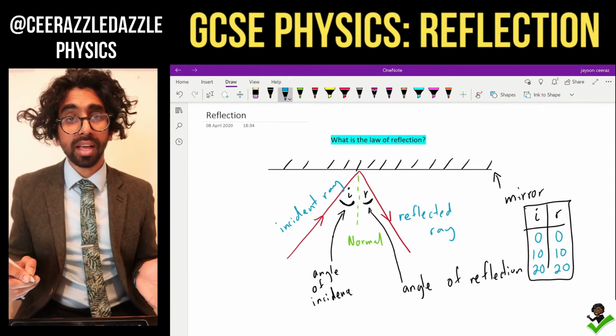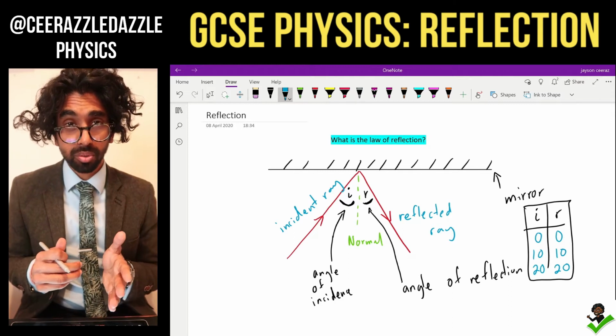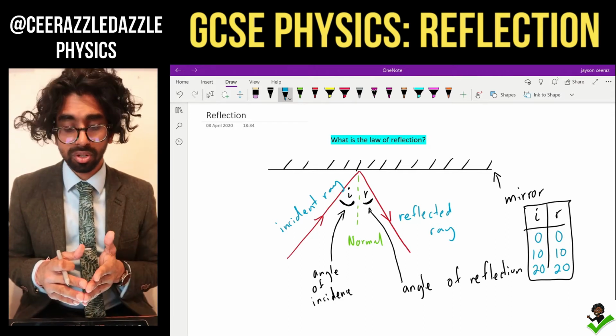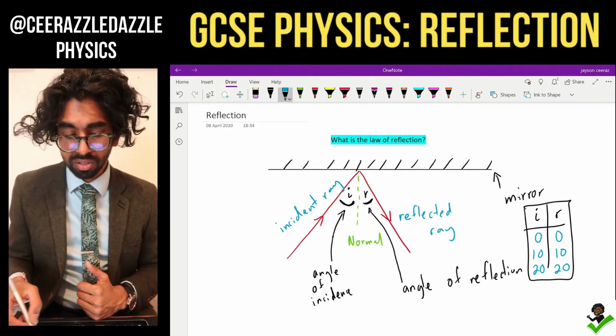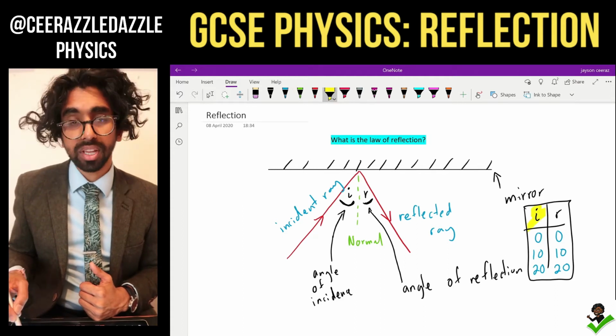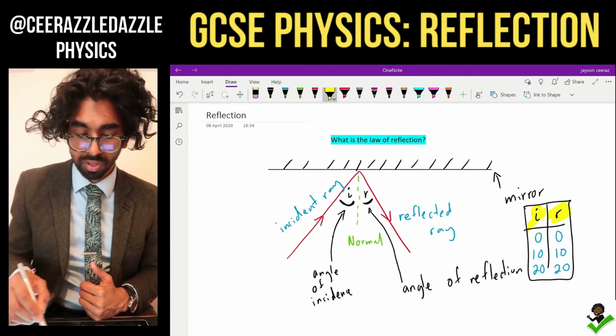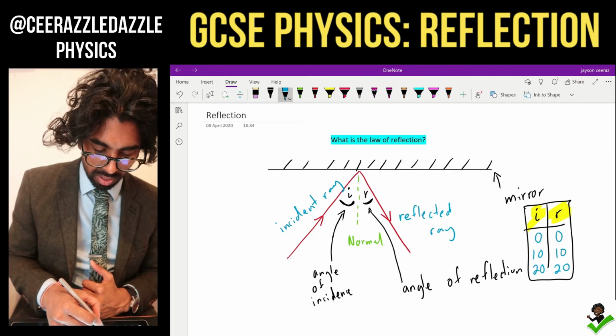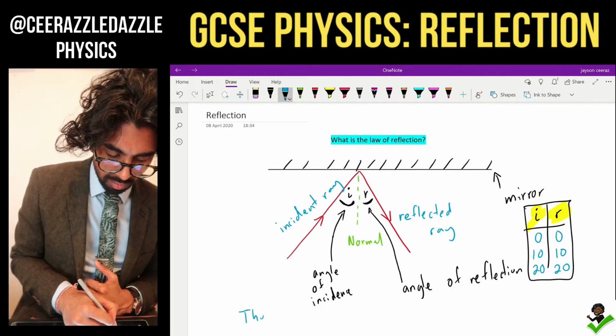We clearly know that for reflection to occur, this is called the law of reflection, the angle of incidence is equal to the angle of reflection. Let's put that down.